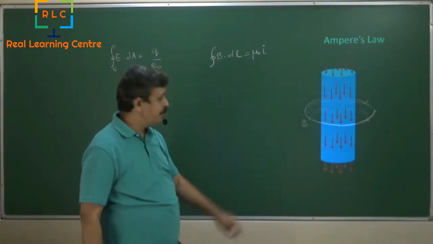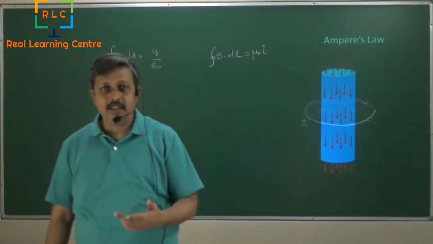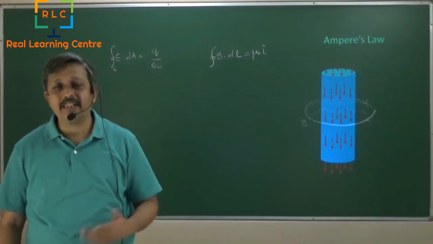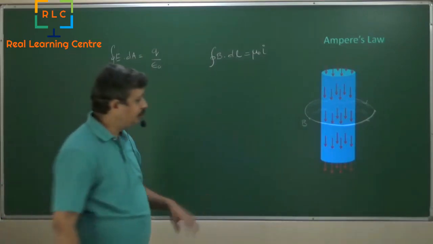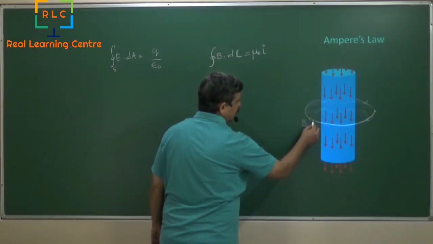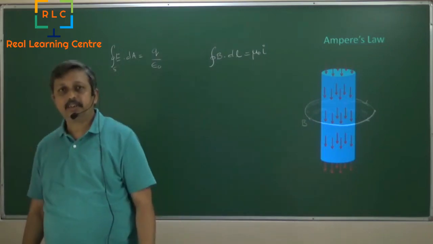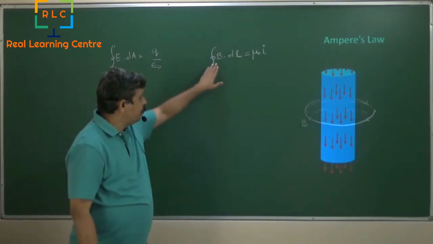At every point you take B and you take the small length at that point, tangential, and dot dl, you multiply that. We say dot because we have to take B along that direction. If the B is like this, then you have to take the component along the direction of dl.